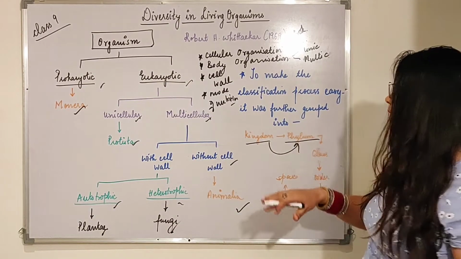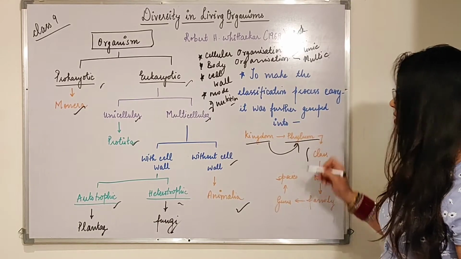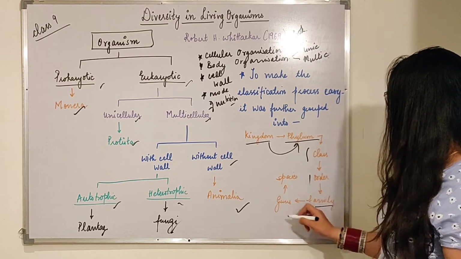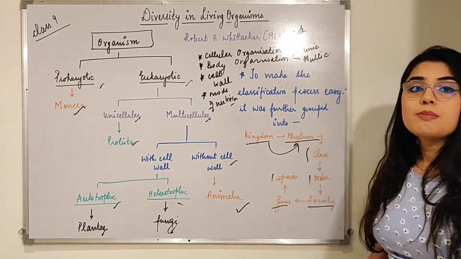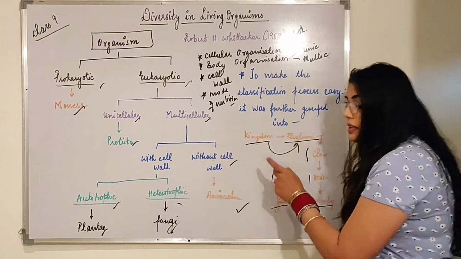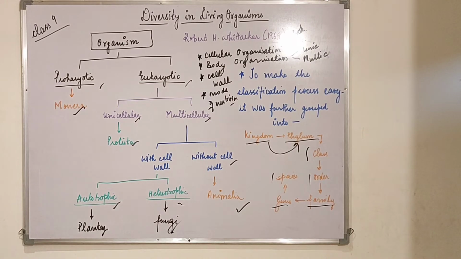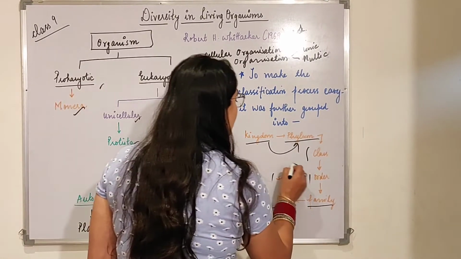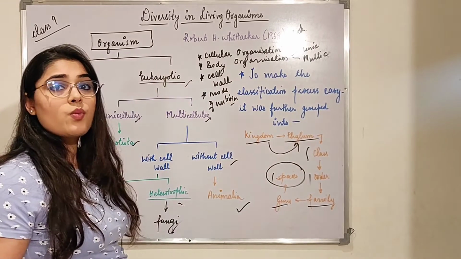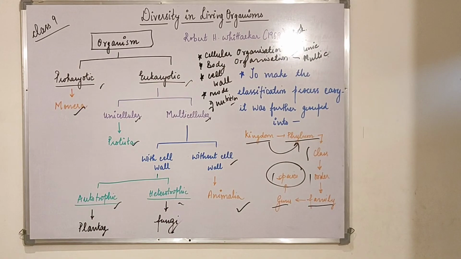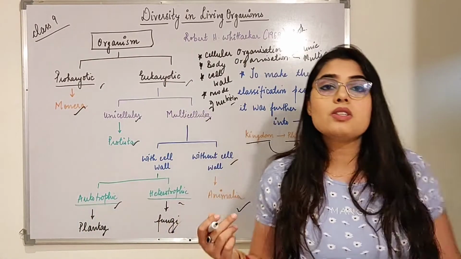Then comes the class, then order, then family, then genus, then species. So what is species? How will you define species? Always remember that the basic unit of classification is species. Species have the ability to interbreed.